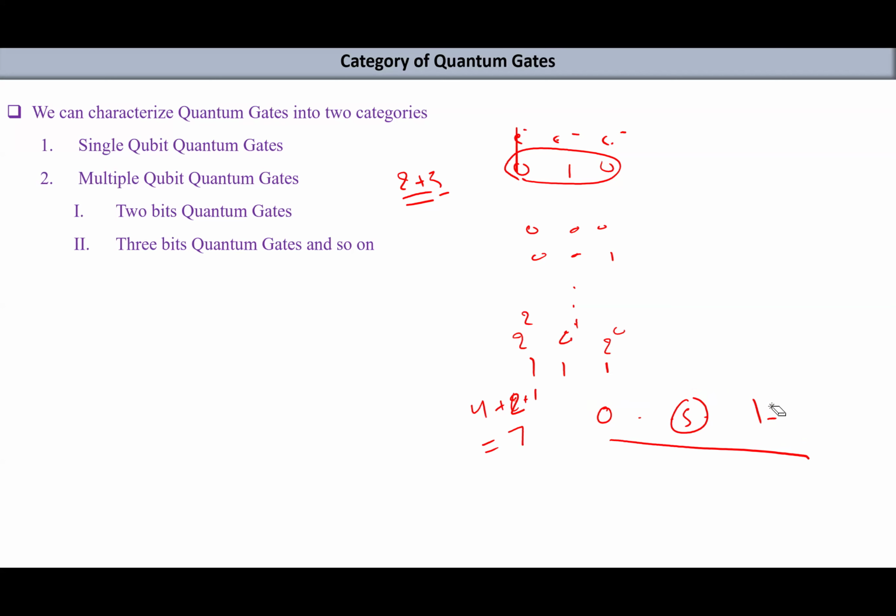It will be 15, sorry. It will go from 0 to 15. Total will be 2 to the power 0 to 2 to the power n, and 2 to the power n is the total number of terms. That's correct, the total number of combinations will be 16.